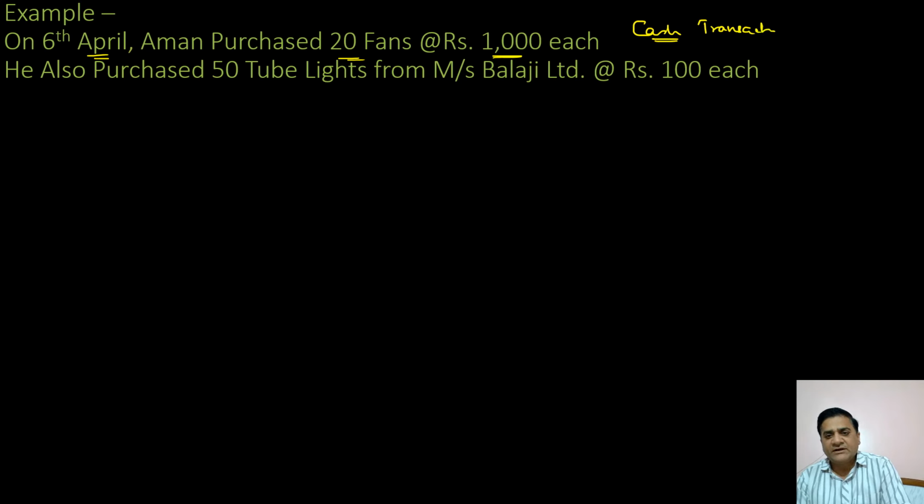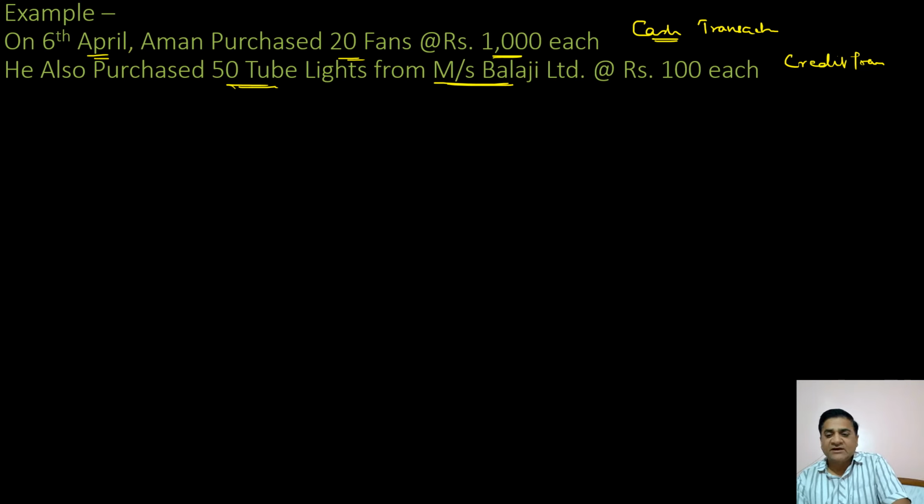But if you look at the other transaction, it says we have purchased 50 tube lights from Messrs. Balaji Limited. And there is no mention whether we have paid in cash or through cheque. So in accounting language, this is a credit transaction. You need to understand the difference between these two transactions. In the earlier transaction, it is mentioned that we have purchased these many fans at 1000 each without mentioning the name of the seller, which means it's a cash transaction.